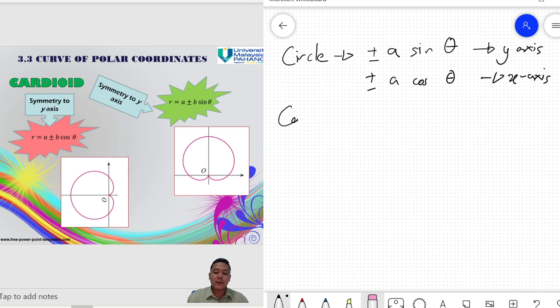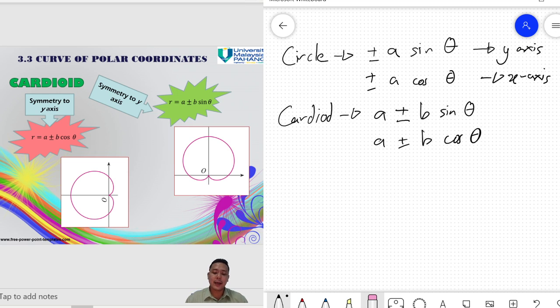This is a special form of a curve known as a cardioid, or a heart shape. Its shape looks like a heart. So the cardioid has plus minus a, a parameter, plus minus another value, this time b sine theta, and also it can be a plus minus b cos theta.